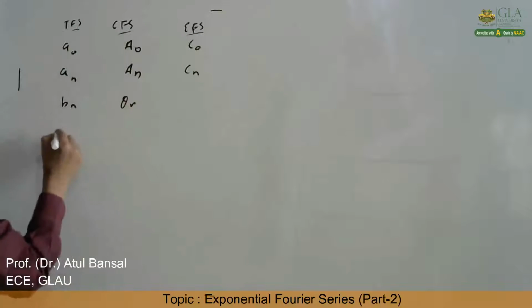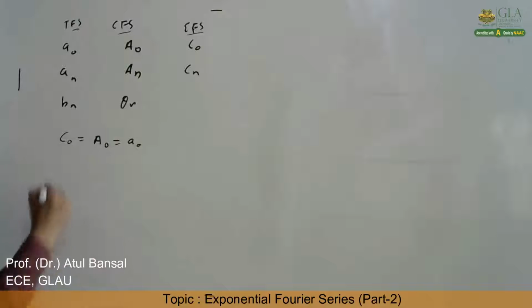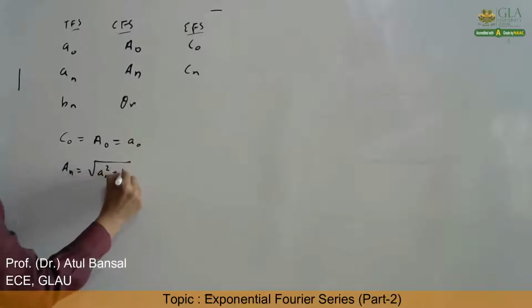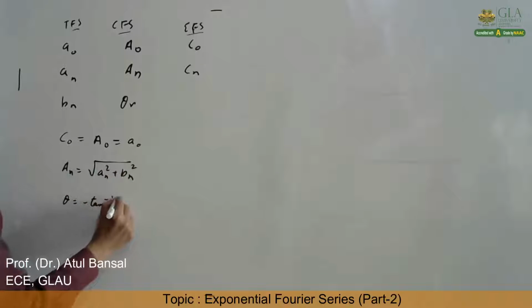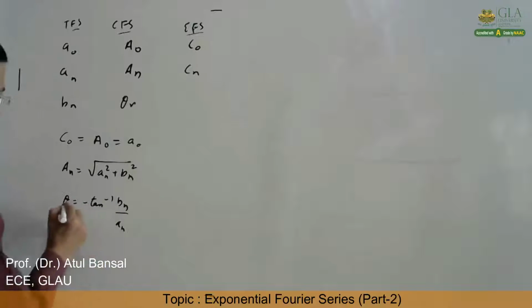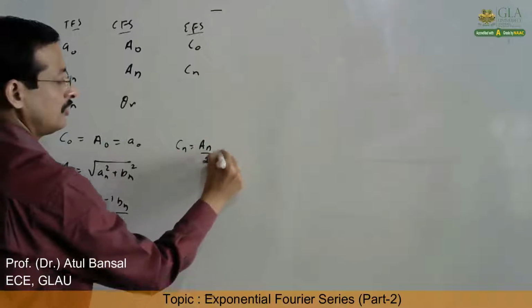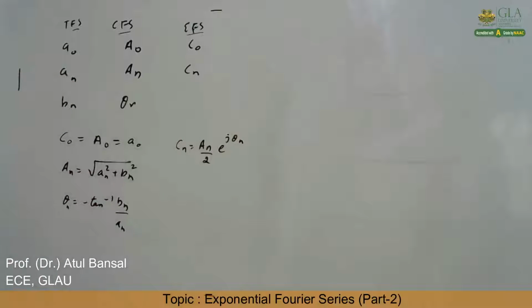If we see the relationships, what are they? C0 is equal to capital A0, equal to small a0. An is equal to the square root of An squared plus Bn squared. Theta n equals minus tan inverse Bn by An. Further, Cn equals An by 2 e raised to power j theta.